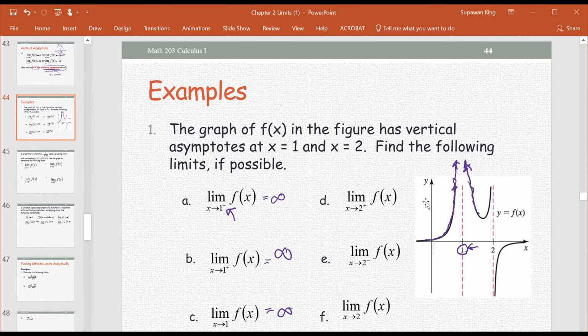Okay, in part D, could you tell me if it is the plus sign or minus sign of the infinity as x approaches 2 from the right, because this is a superscript plus sign. What do you think? Is it plus or minus? You can type in the chat. I mean plus or minus infinity, because 2 is the reference point right now.